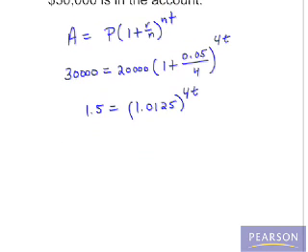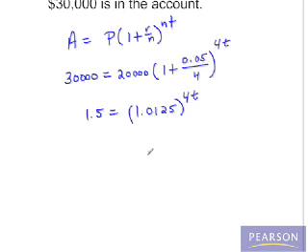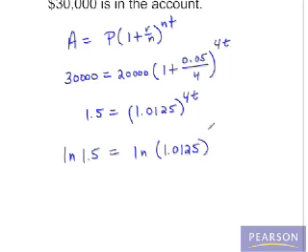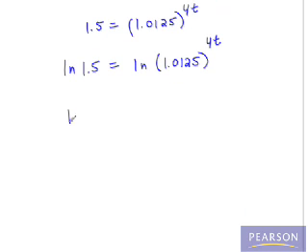Now we're ready to change this into a logarithm statement. So we're going to take the natural log of both sides of this equation. So we have the natural log of 1.5 equals the natural log of 1.0125 raised to the 4t power. On the left hand side we still have the natural log of 1.5.